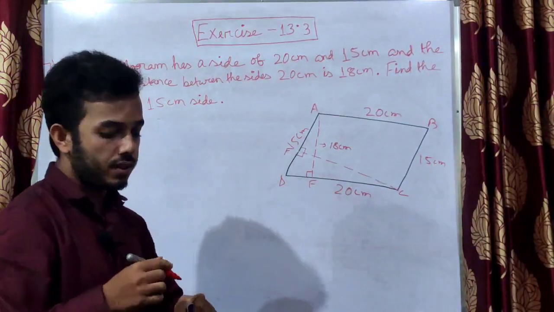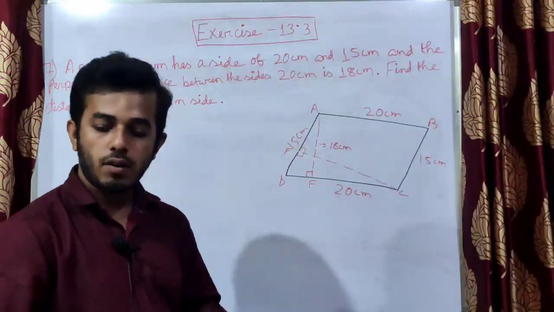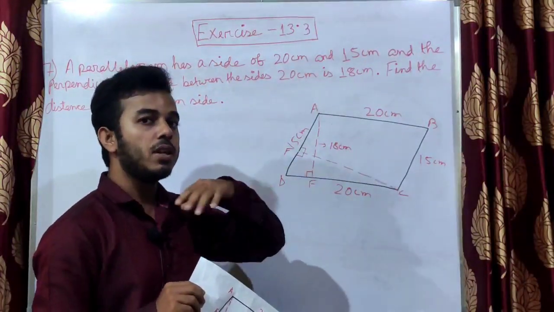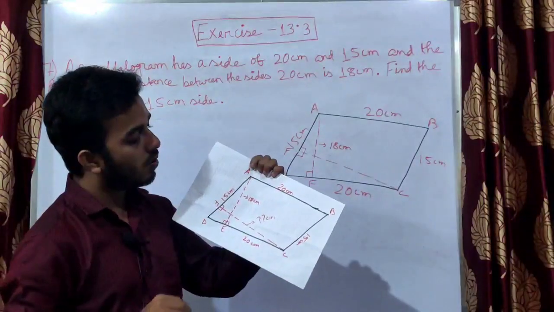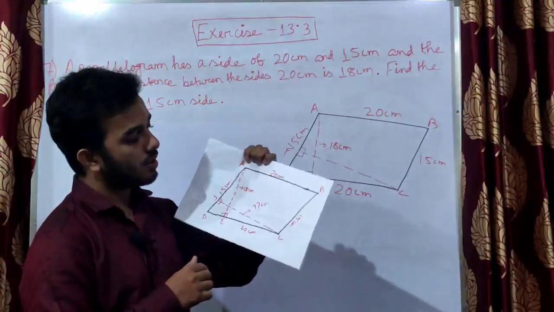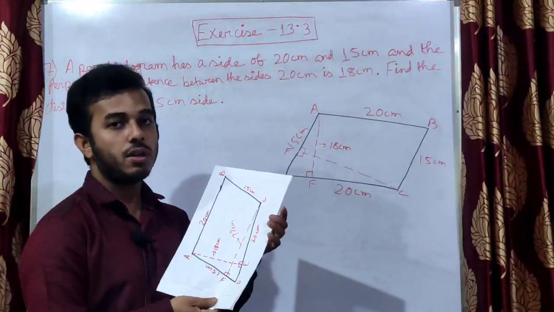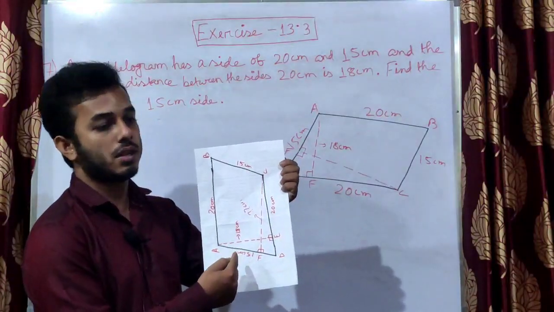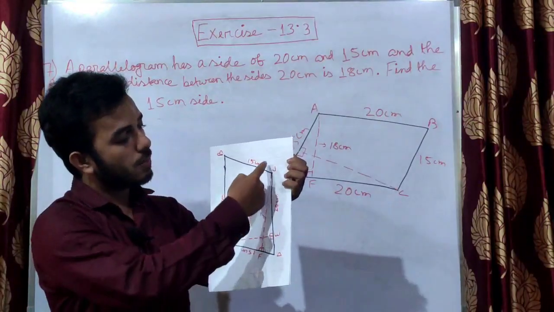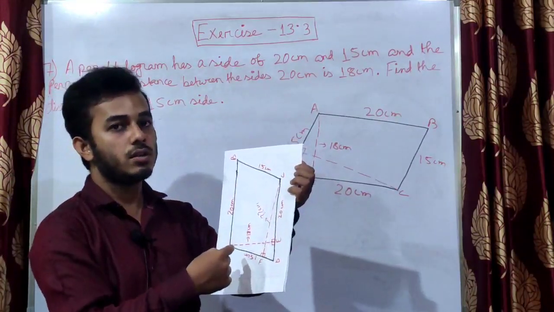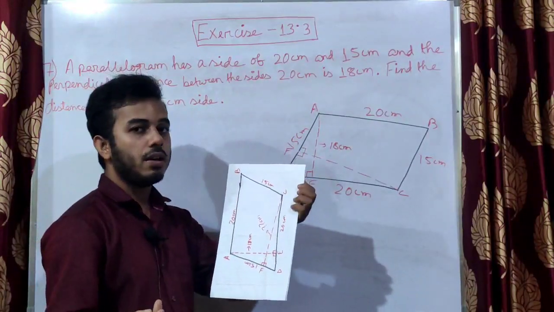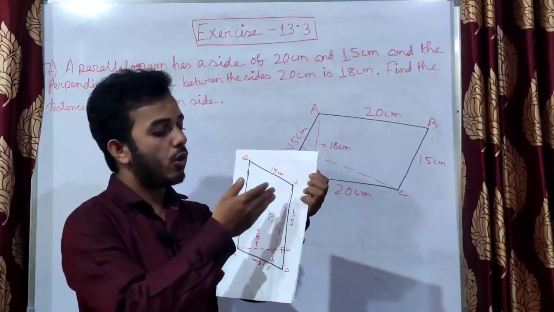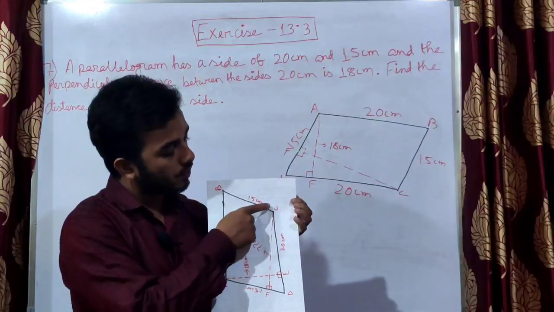So how will we find it? We know the area of the parallelogram is 360 centimeter square. Now if we rotate the parallelogram and consider AD as base and CF as perpendicular, we know the area and we also know the base. So can we find the altitude from this?